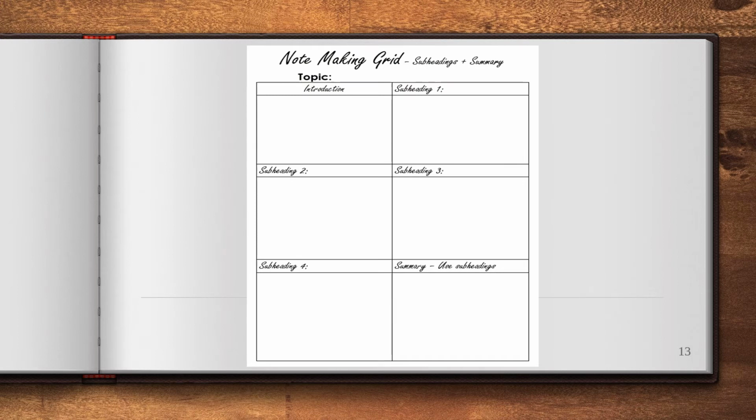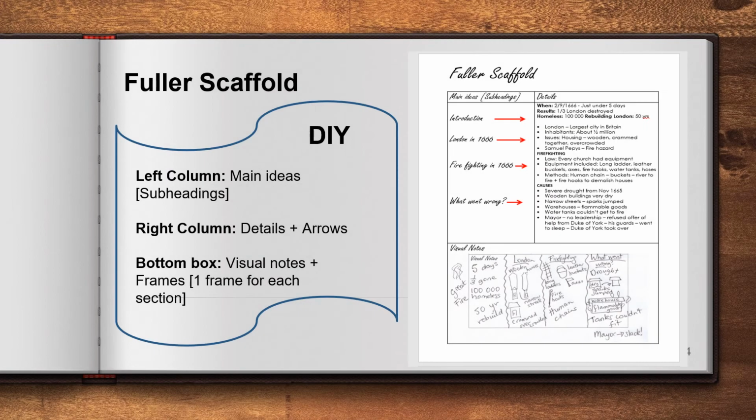So this is just a blank example for you to get an idea, and you can do this yourself every time you've been reading a non-fiction text. Another really good way of writing a summary is to use the fuller scaffold, where you put the headings from the text in the left column and you put some interesting details in the right column, and down the bottom you write visual notes.